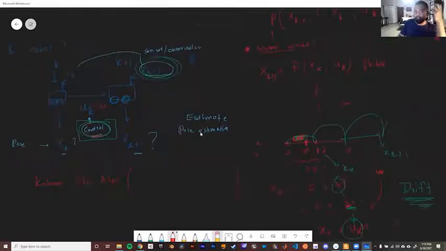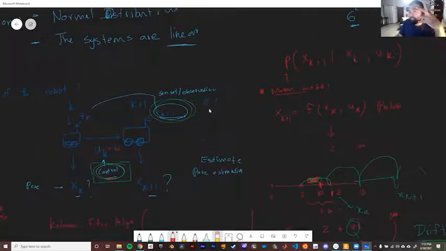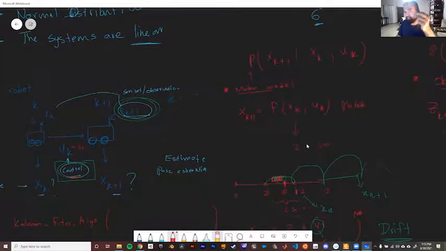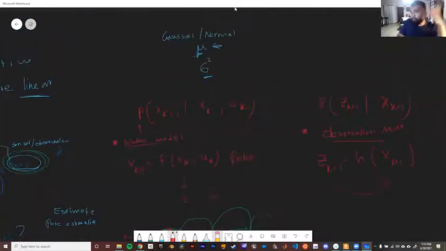What this filter is going to estimate is both the mean and the variance, these two quantities of our distribution. So when I'm talking about the pose of the robot, I'm never going to give an exact value. All I'm going to do is figure out this distribution. And if I want an exact value, I'm just going to assume that the mean is the best answer. So when I say xk, this is what I'm talking about. But just saying xk is not enough. I will also have to give the sigma value, the variance of the system.